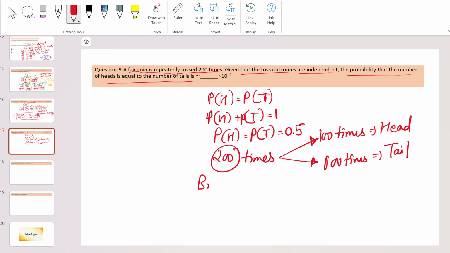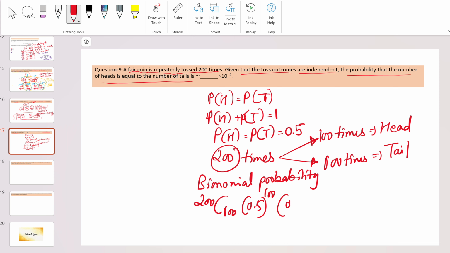So through the binomial distribution, binomial probability, out of 200 tosses, there are 100 chances of getting the tail, and the number of heads is 200 minus 100. That is simply 200 C 100 times 0.5 to the power 100 times 0.5 to the power 100.